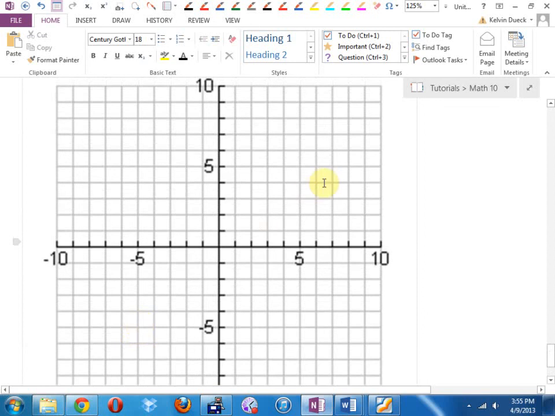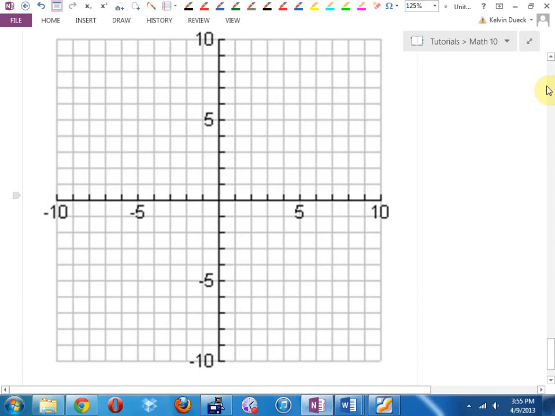Supposing I gave you the following line picture. Let's go uphill just for giggles. What's the equation of that line?